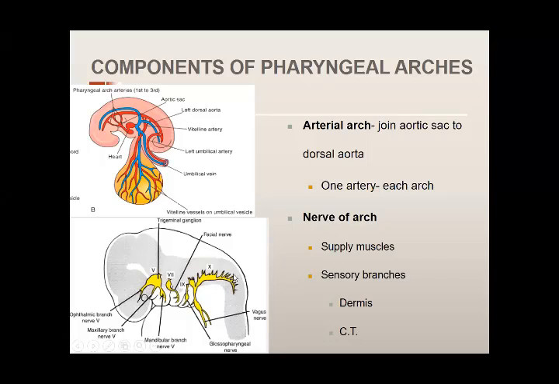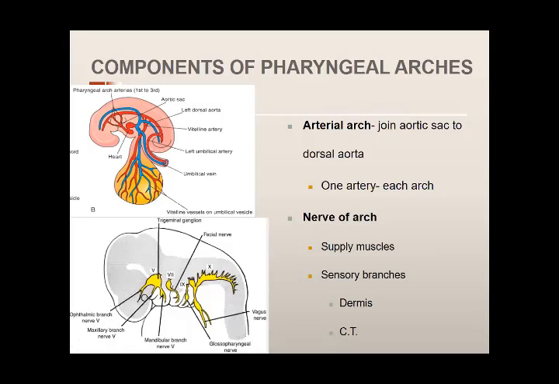The fourth component is the nerve of the arch. Remember, ये nerve जो है, it's always a cranial nerve. The nerve of the pharyngeal arch is a cranial nerve. अब this cranial nerve supplies muscles. It also supplies sensory branches. Sensory branches connective tissue of dermis के लिए होती हैं. The rest is the supply to the muscles. कौन से muscles? Muscles of the pharyngeal arch.